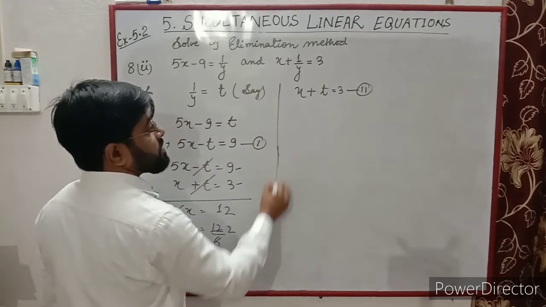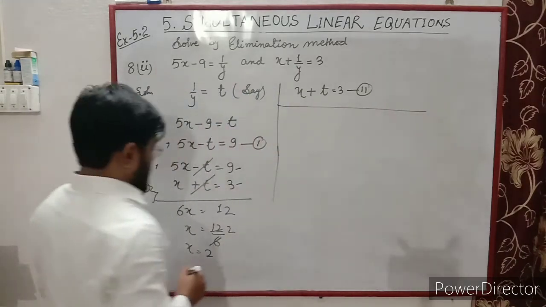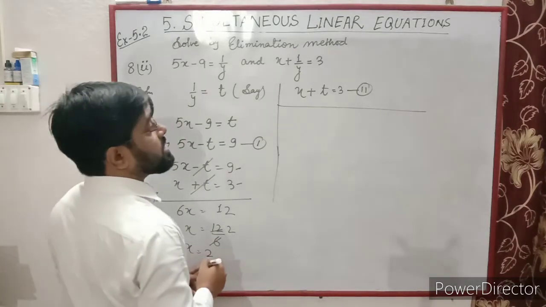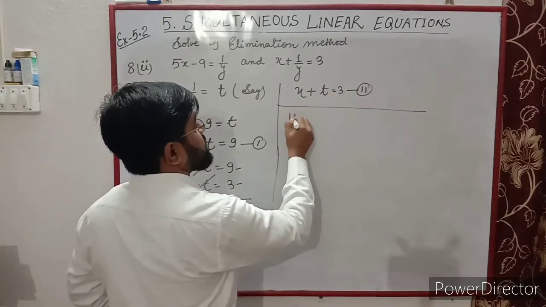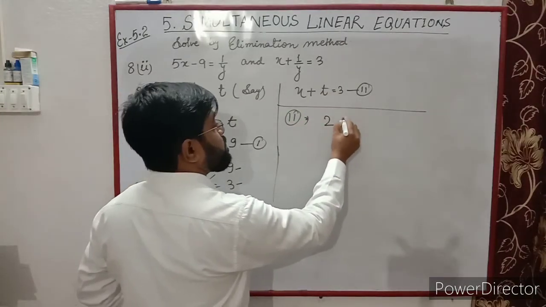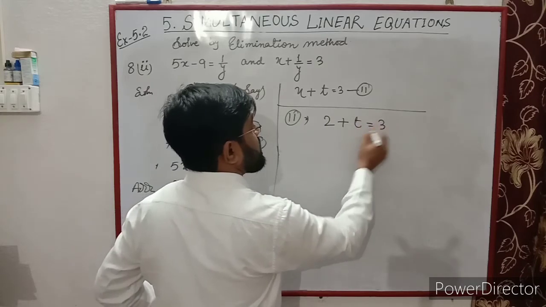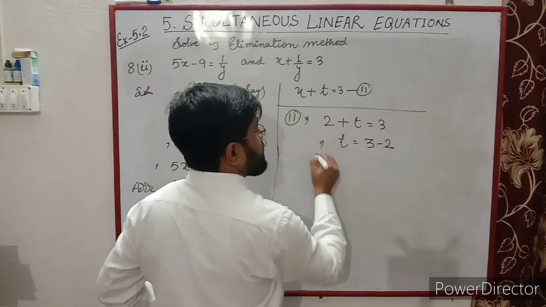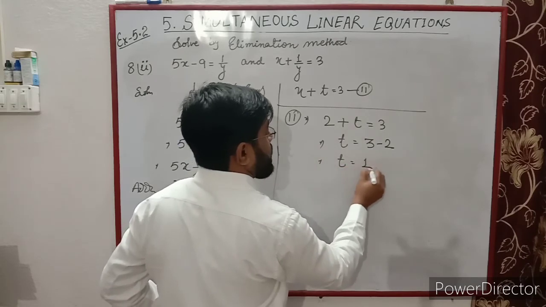Now substitute the value of x in equation second. So second implies that x is equal to 2 plus t is equal to 3. So t is equal to 3 minus 2. So we have t is equal to 1.